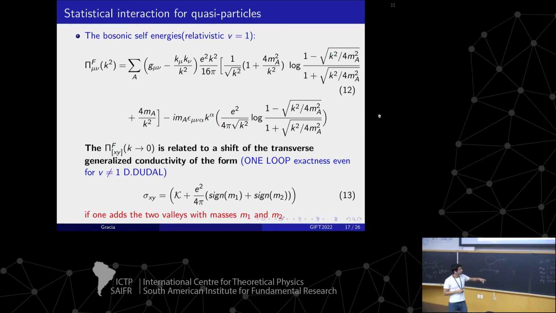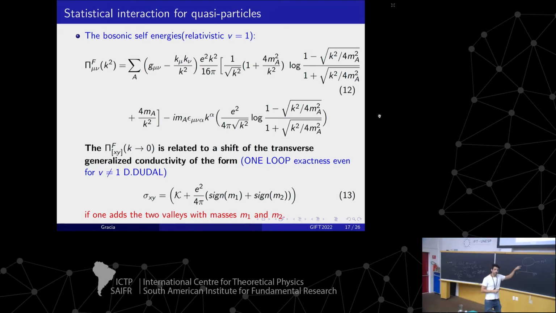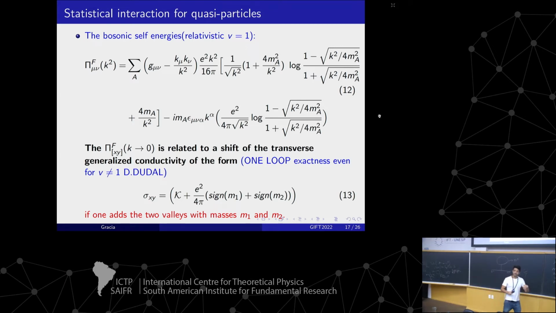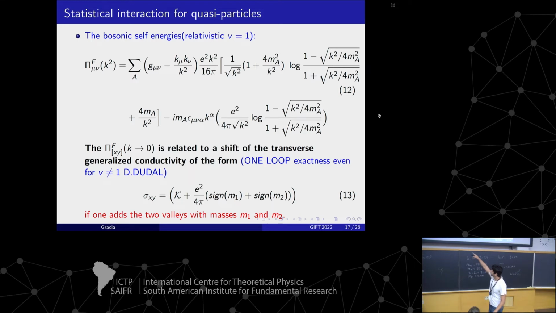It was proved by Dudal and collaborators as a kind of generalization of the Coleman theorem. And this is important because for condensed matter, we have a scenario of broken Lorentz symmetry. Then, of course, we can say, oh, Coleman theorem, okay, but is it valid also for this condensed matter scenario? Yes, it's a recent paper.